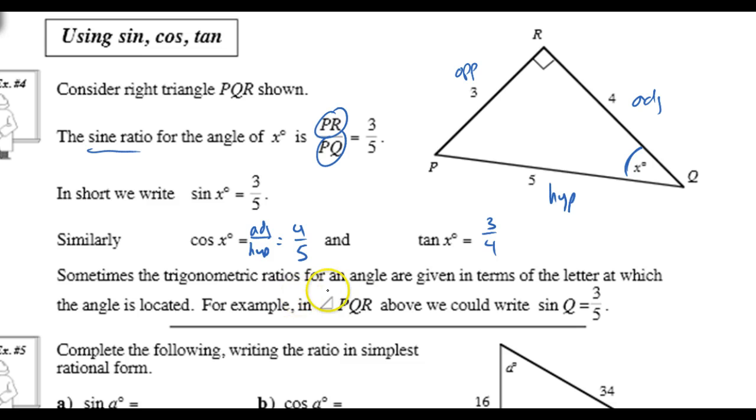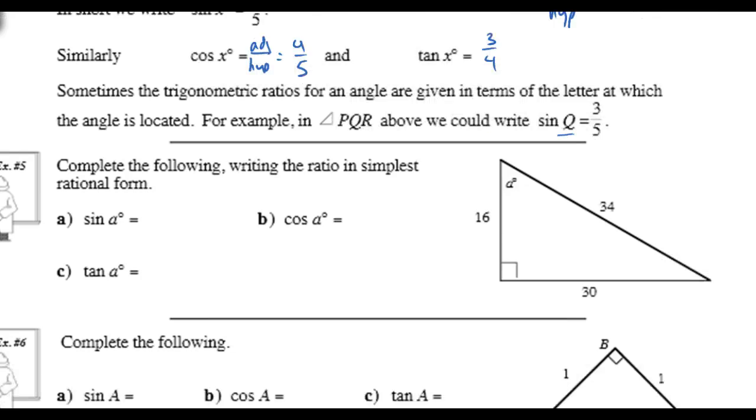Sometimes the trigonometric ratios for an angle are given in terms of the letter at which the angle is located. For example, in triangle PQR above, we could write sine Q equals 3 over 5 instead of writing X, so Q would represent that angle.